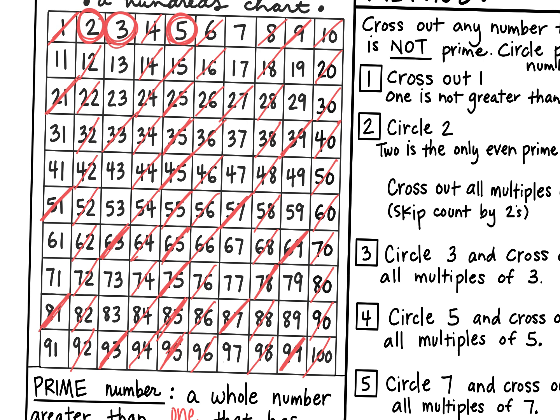Okay, number 5 says circle 7 and cross out all multiples of 7. 7 is a prime number, and then we're skip counting by 7s.